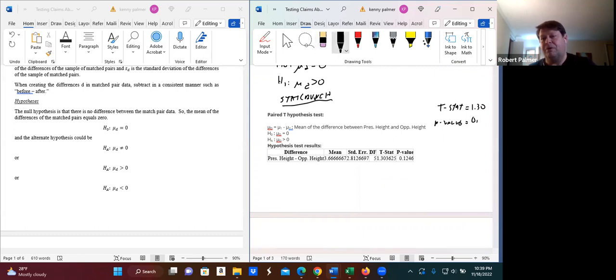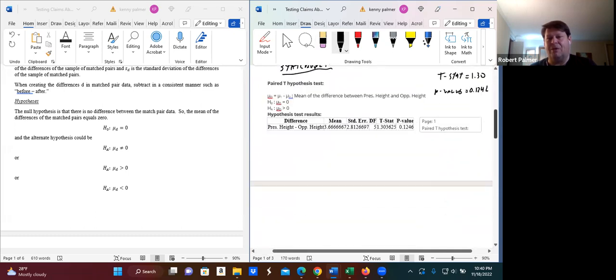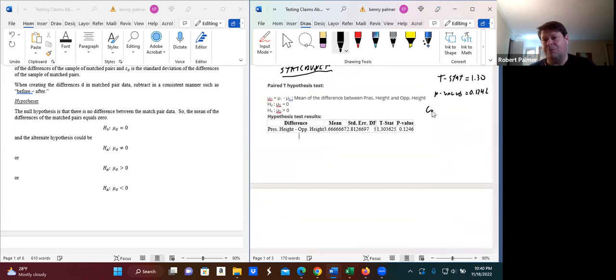Once again, we want to compare the p-value to the significance level. I'm kind of limited on space here, so let's see if I can put this all together.